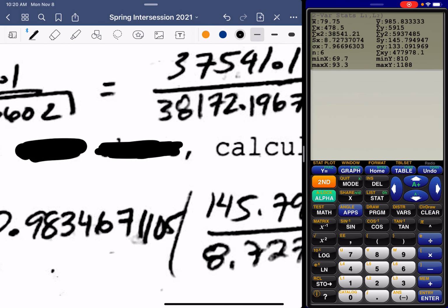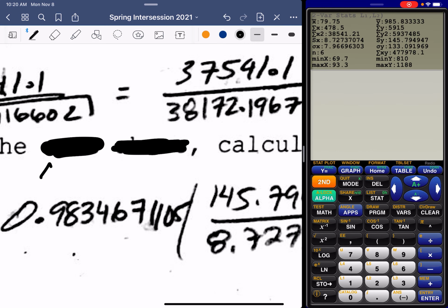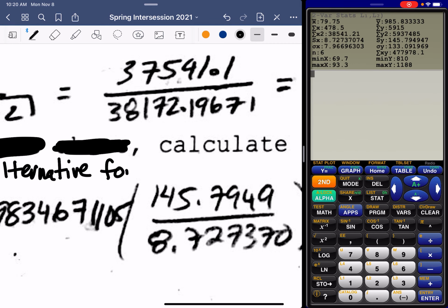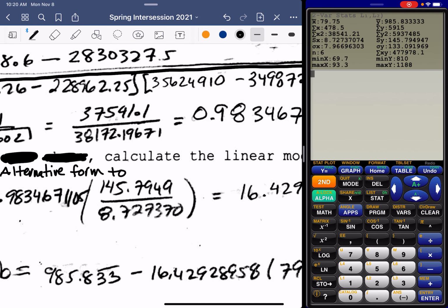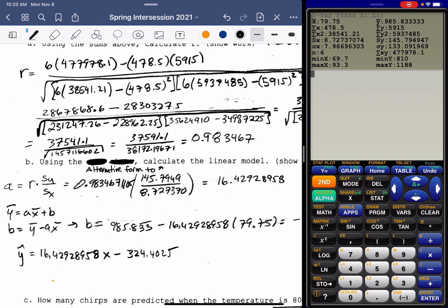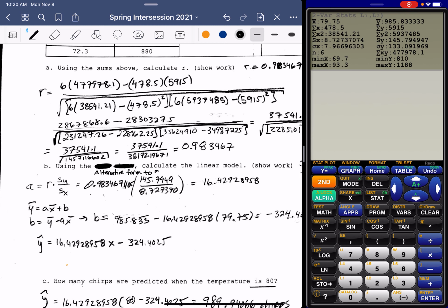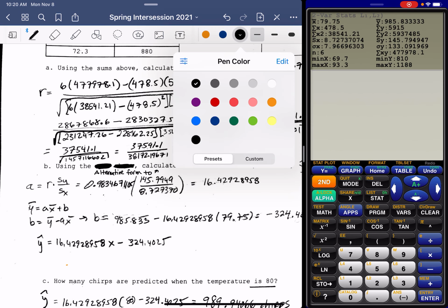It's going to say use the alternative form, right, to calculate the linear model, all right? If you use the sums to calculate the slope and the y-intercept, that's fine too, okay?